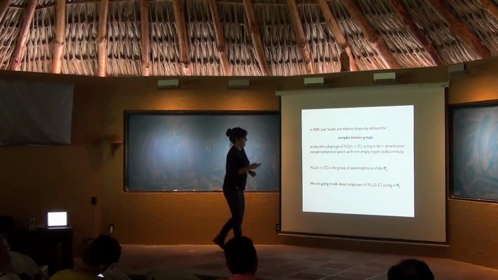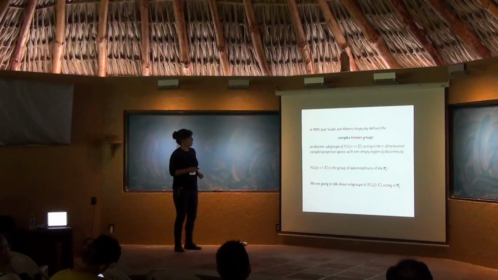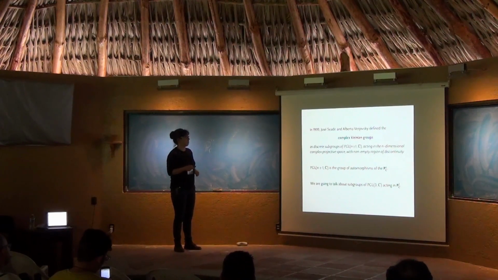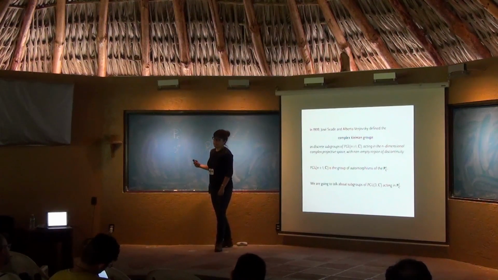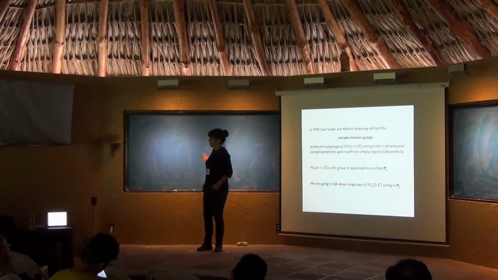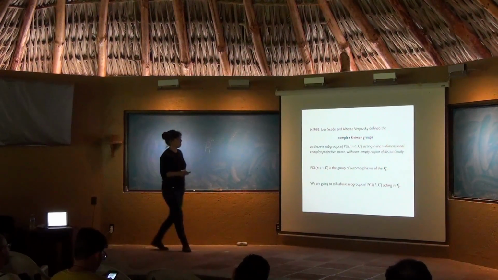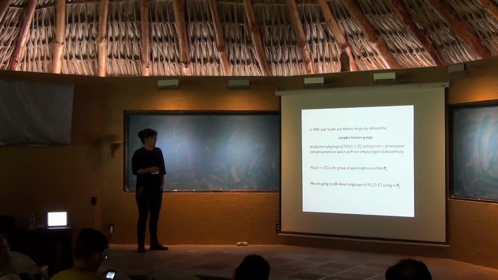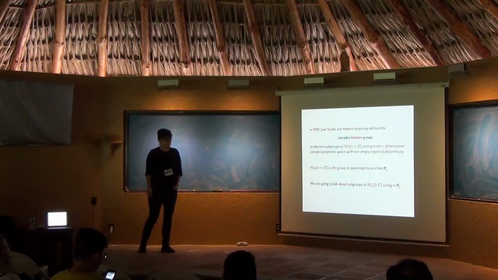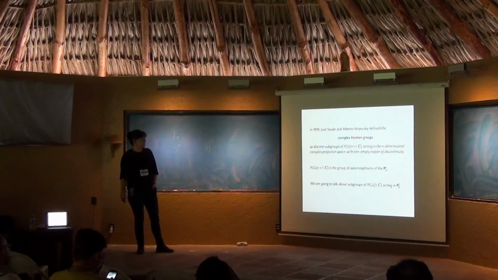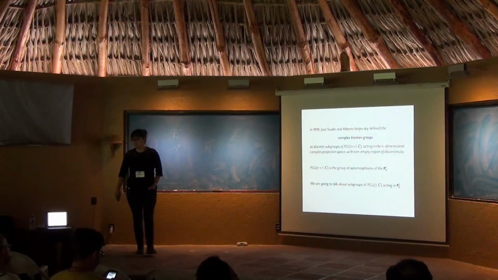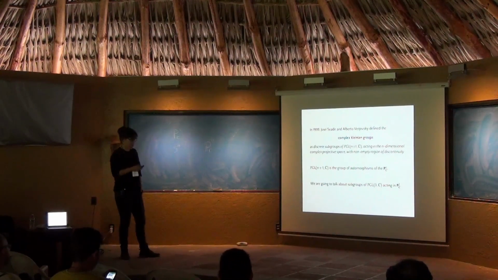Okay, so Alberto and Verhovsky followed this one, looking at the holomorphic transformations in this space. So they define the complex Kleinian groups as discrete subgroups of PGL n plus 1C, acting in the n-dimensional complex projective space with non-empty region of discontinuity.